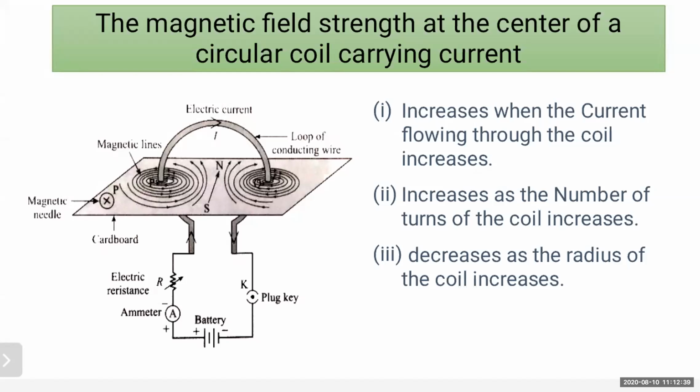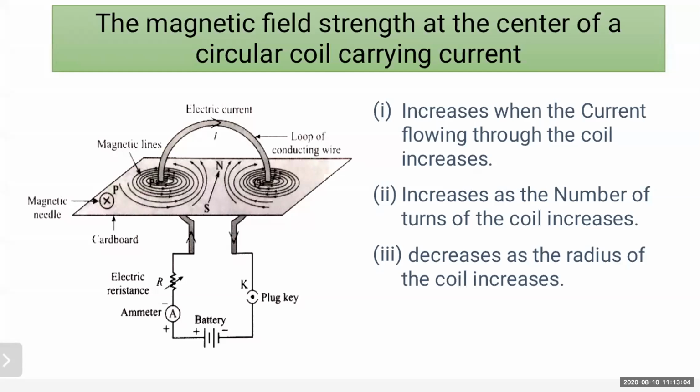If we decrease the radius of the coil, the magnetic field increases. So these are inversely proportional to each other.